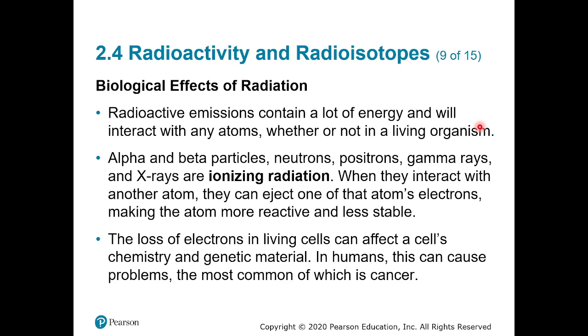So for example, a typical Wi-Fi router is releasing non-ionizing radiation. Right now, your phones, you yourselves, and the windows are all directing non-ionizing radiation at you. It's called electromagnetic radiation. It's what light is.